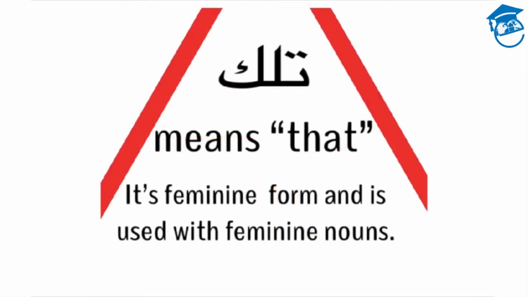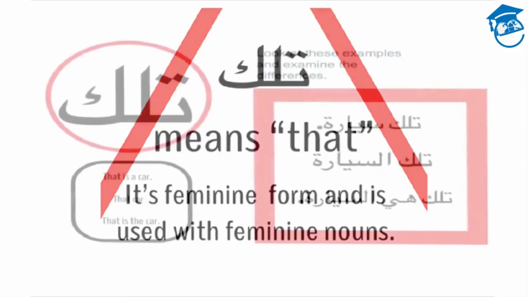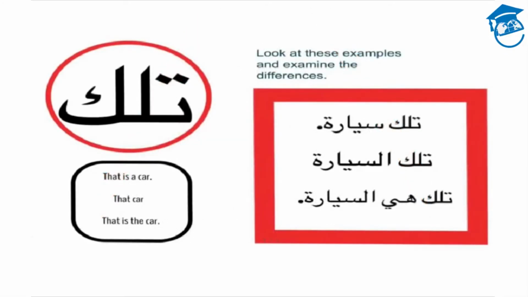Now let's look at tilka. Tilka means that, just like dhalika. But tilka is the feminine form, and it's used with feminine nouns. Let's look at how we use tilka. Look at the following examples and examine the differences between them. In the first example, we say tilka sayyaraton.